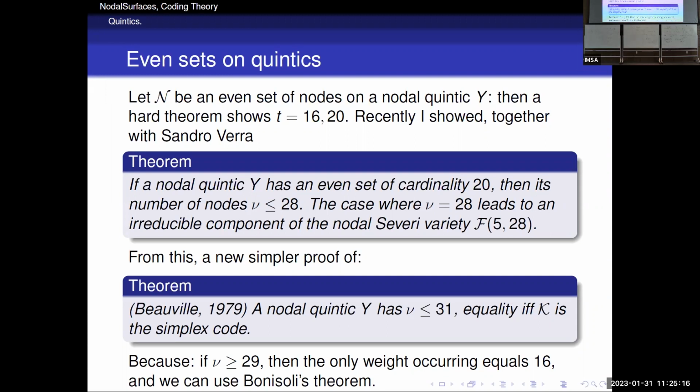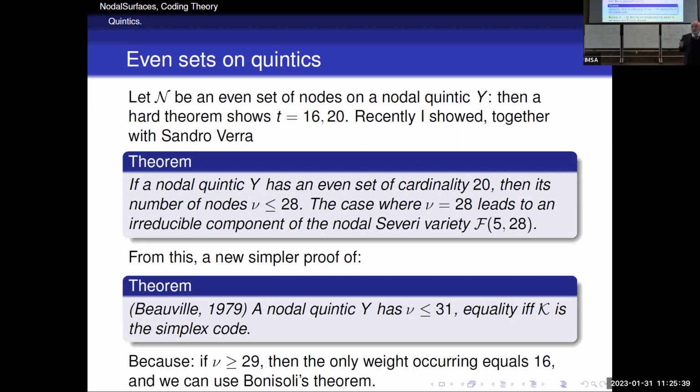And with Sandro Verra, recently I proved that if a nodal quintic has an even set of cardinality 20, then the number of nodes is at most 28. And this is related to a certain representation of this even set of nodes related to a web of quartics.